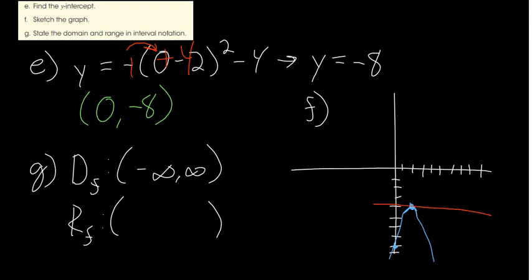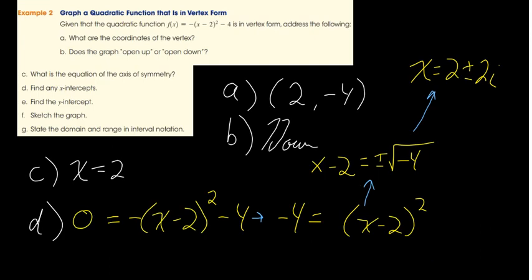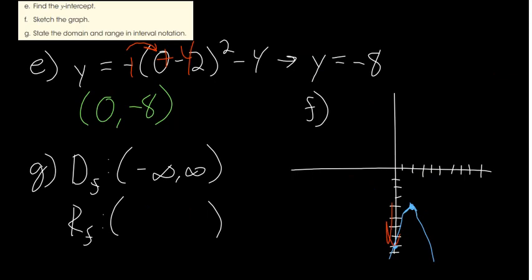is at negative 4. We know that negative 4 is also the y value of my vertex. Since we're opening downward, and of course we can see it on our graph, my range is going to be from negative infinity to negative 4.